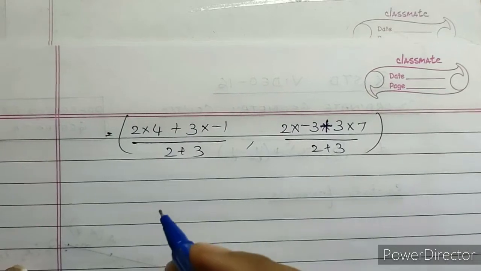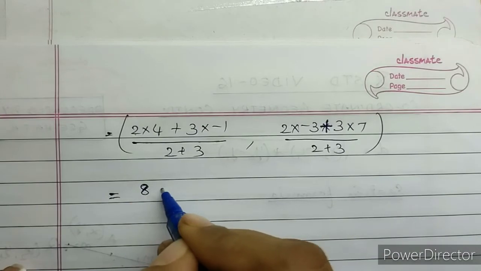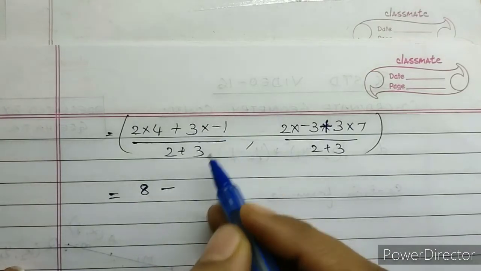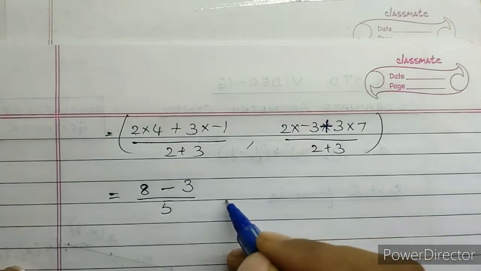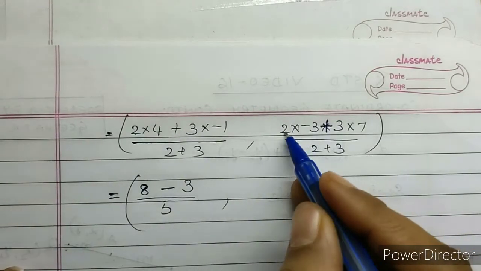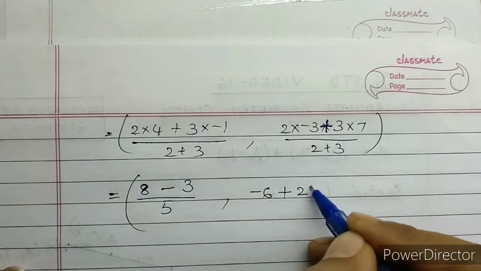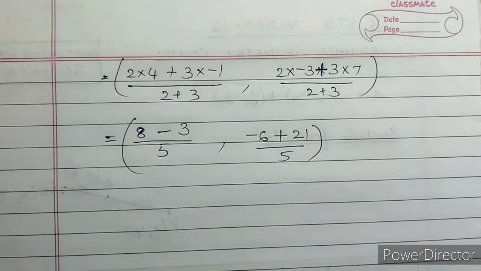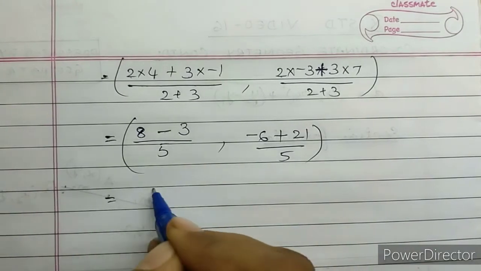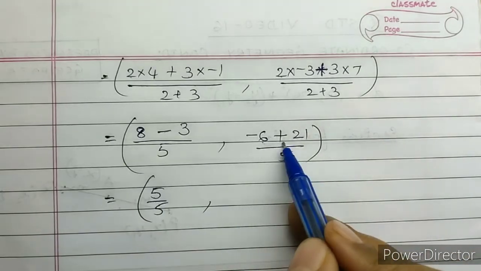So that is 2 4s are 8, minus 3 into -1, it is -3, divided by 2 plus 3 is 5, comma 2 3s are 6, -6 plus 7 3s are 21, divided by 5. So 8 minus 3 is 5 divided by 5, comma -6 plus 21.